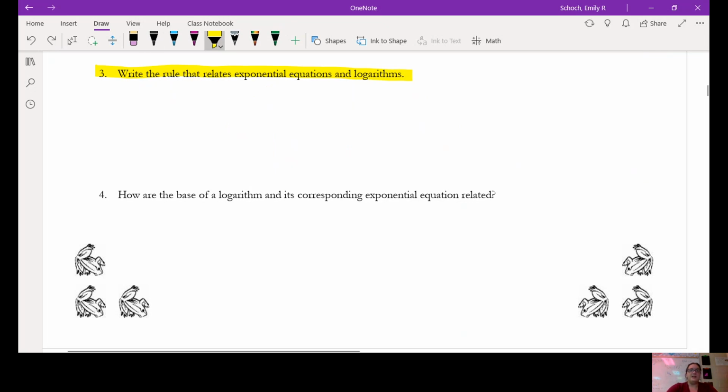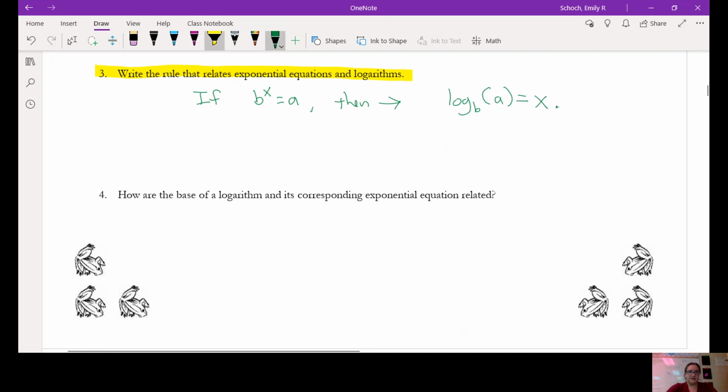The rule is: if you have a base raised to an exponent equals something, the answer, then the log base b of that answer, and this can go in parentheses or not, a lot of times it doesn't, equals the exponent.